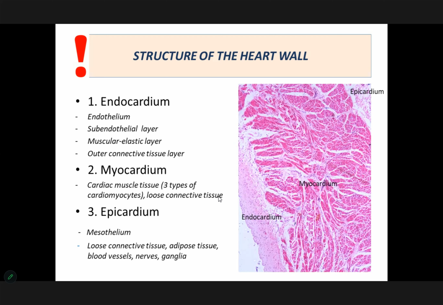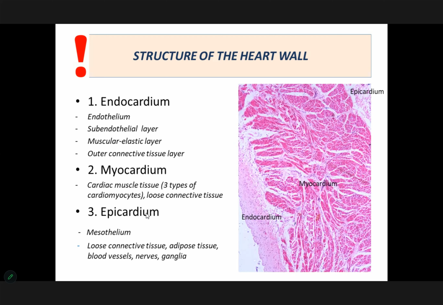Next, myocardium consists of cardiac muscle tissue, which includes, as you remember, 3 types of cardiomyocytes. So this reddish in color is the myocardium. Actually, these are contractile or working cardiomyocytes. And between them, whitish areas are the layers of loose connective tissue with blood vessels and nerves.